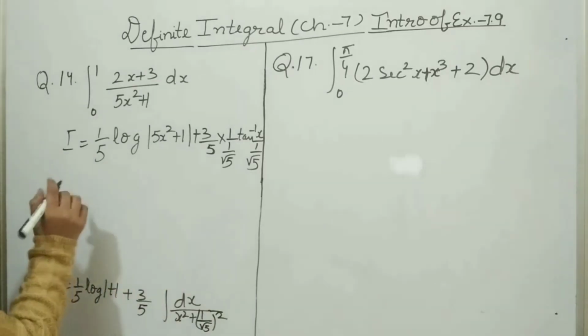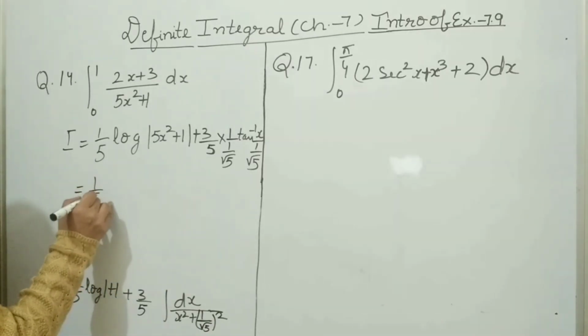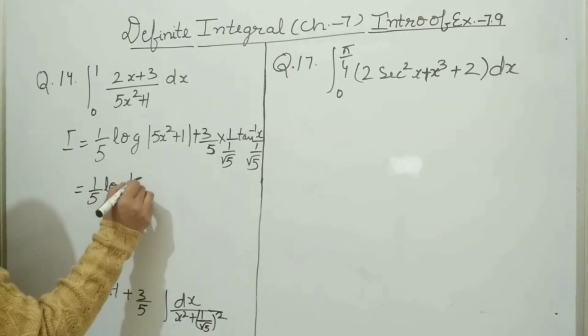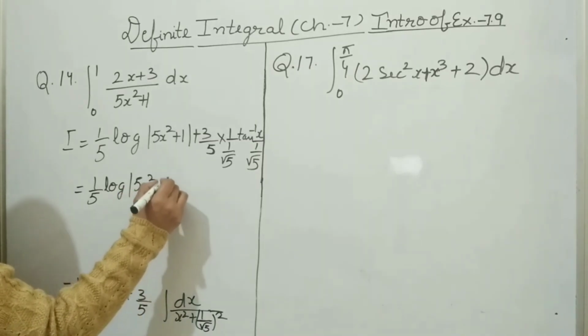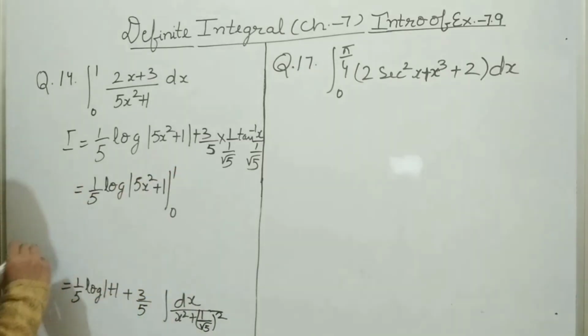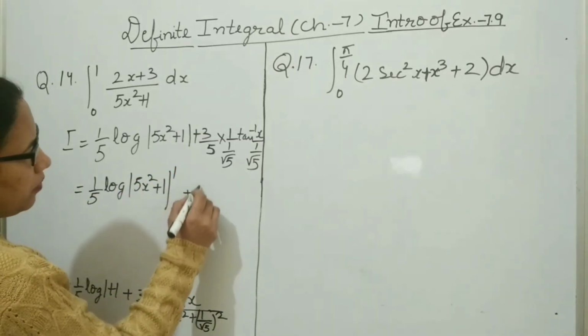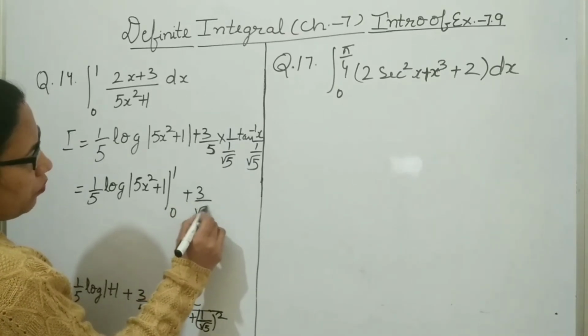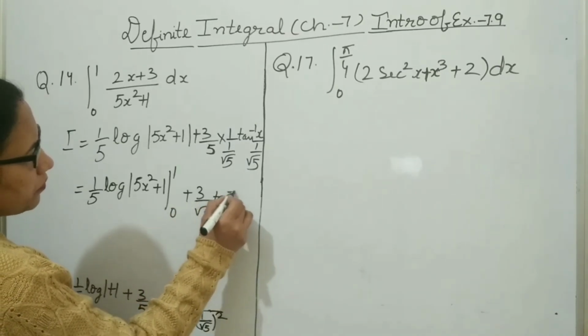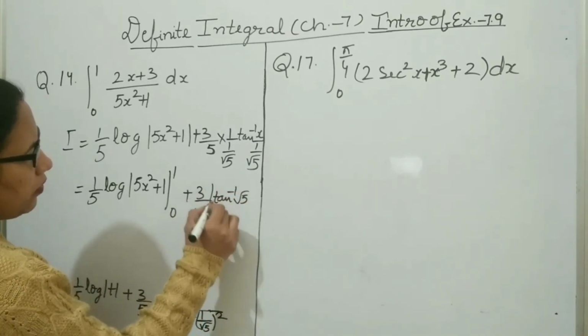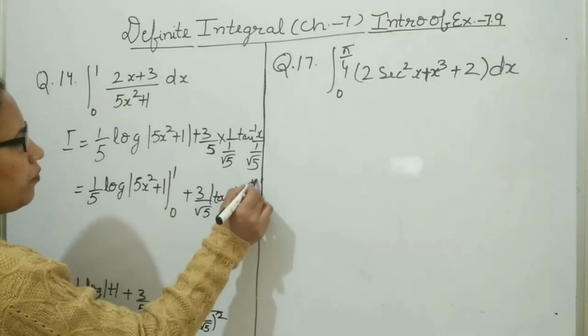Clear? Then its solution is 1 by 5 log of mod of 5x square plus 1, and we use the limits here by the fundamental theorem of calculus, and it becomes 3 by root 5 tan inverse root 5, and then use the fundamental theorem for this.